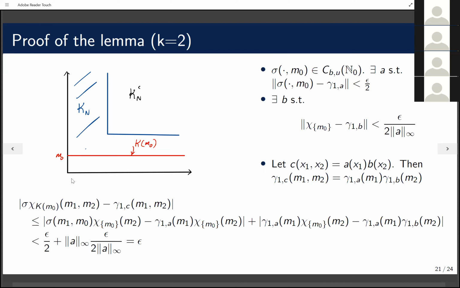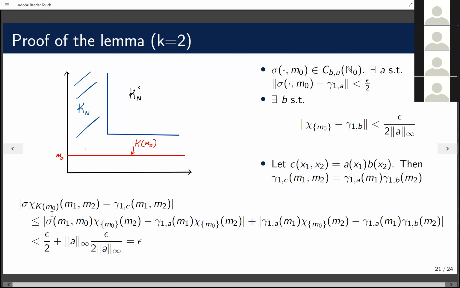Now if we look at sigma restricted to the set K m naught, sigma restricted to K m naught evaluated at m1, m2 minus gamma 1c evaluated at m1, m2, in absolute value.